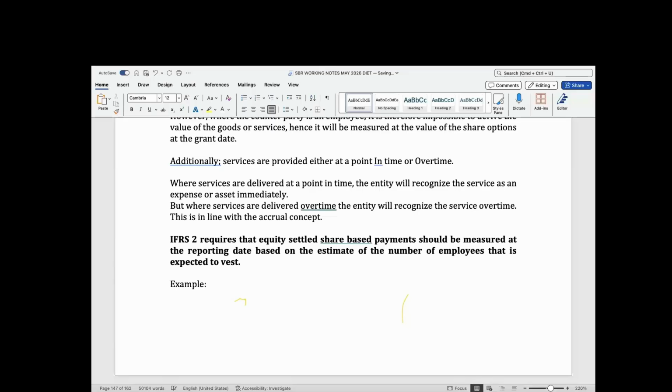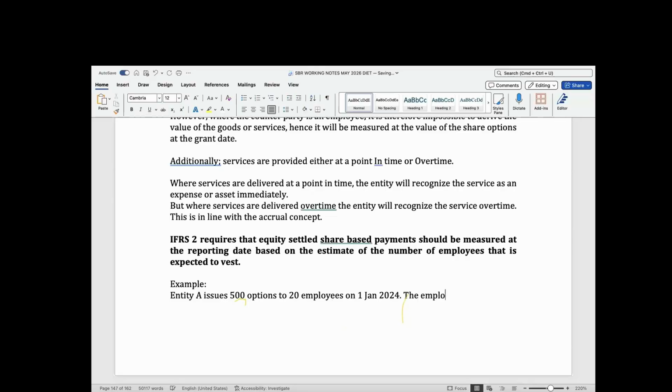So let's say entity A issues 500 options to 20 employees on 1st January 2024.